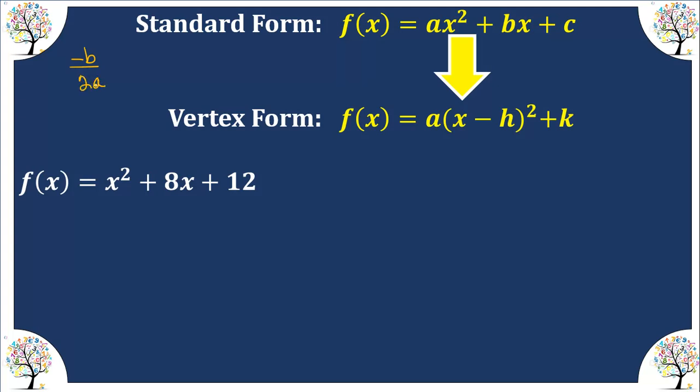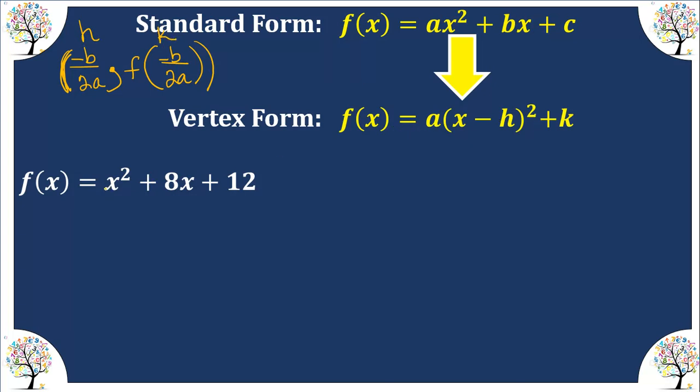That gives you your x value of the vertex. Then once you get that value, plug it into the function, to the equation to get the output. So once we have the vertex, this will be the h and the k value from our equation.